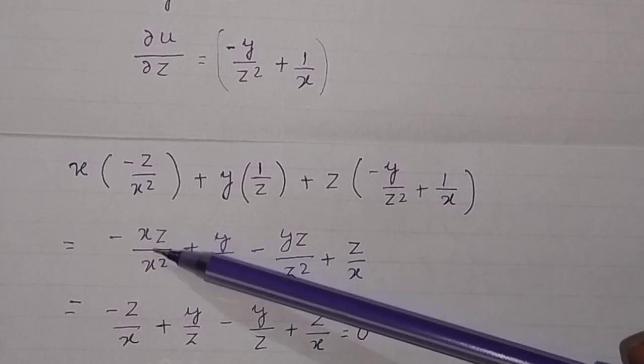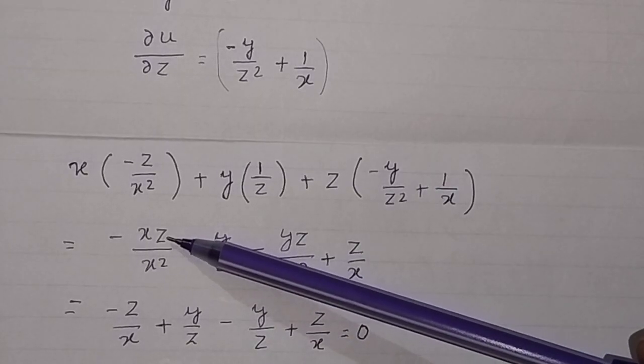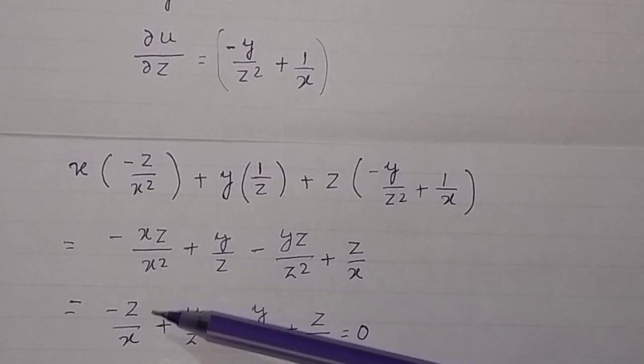Now simplify it. Here x cancels, so the first term will be equal to minus z divided by x.